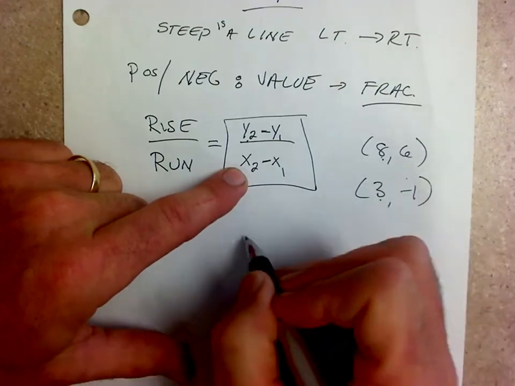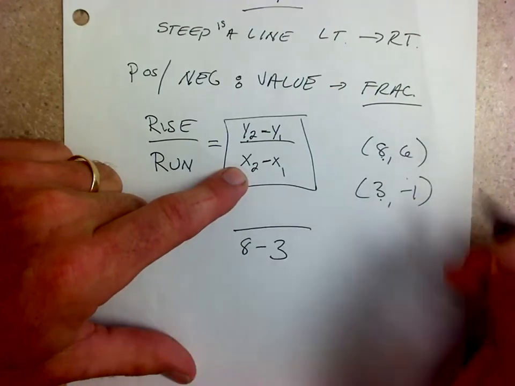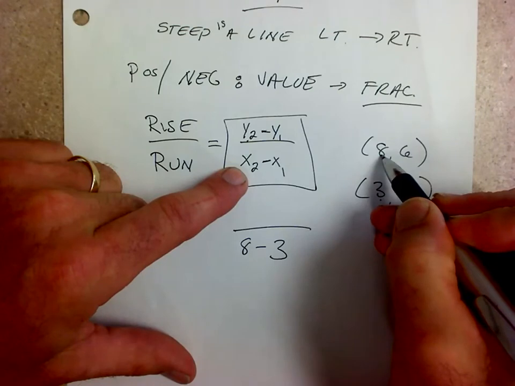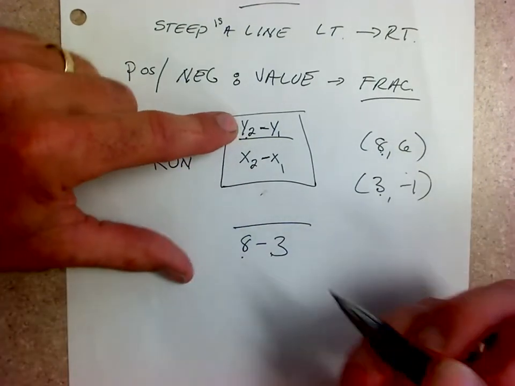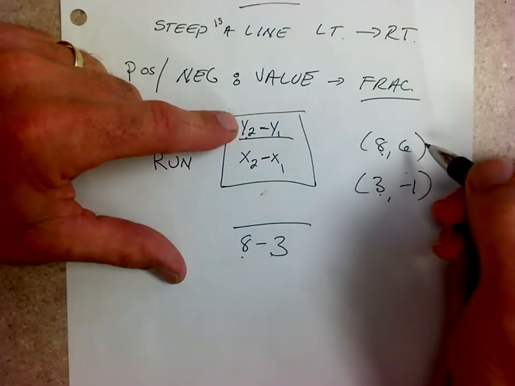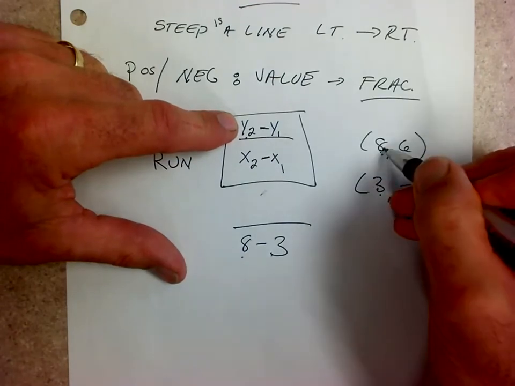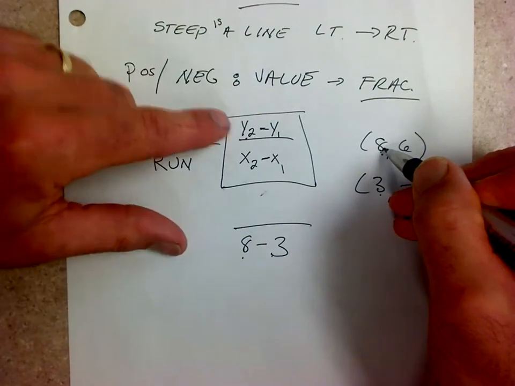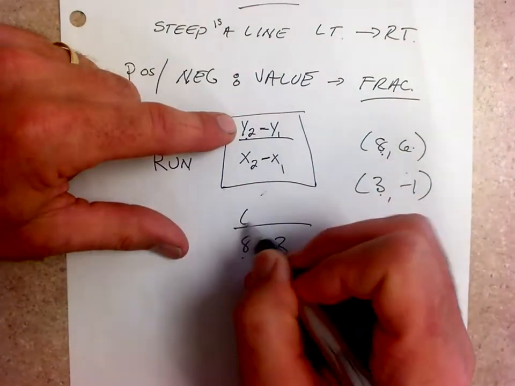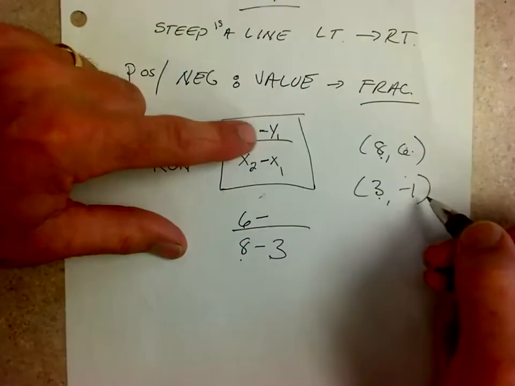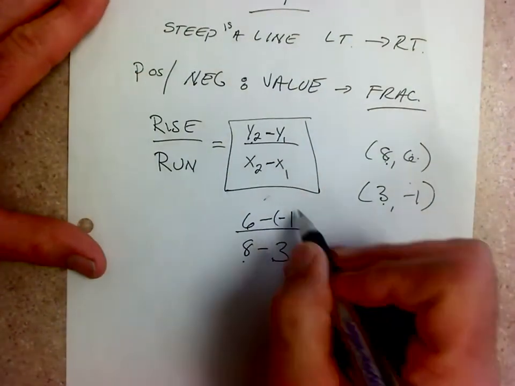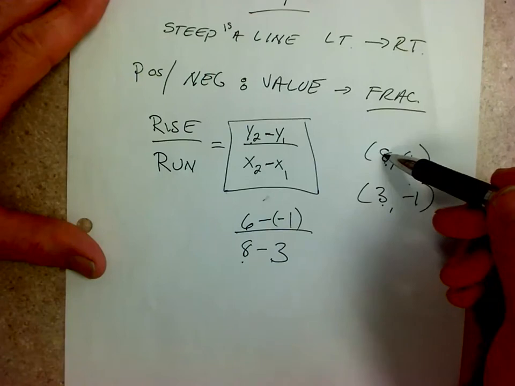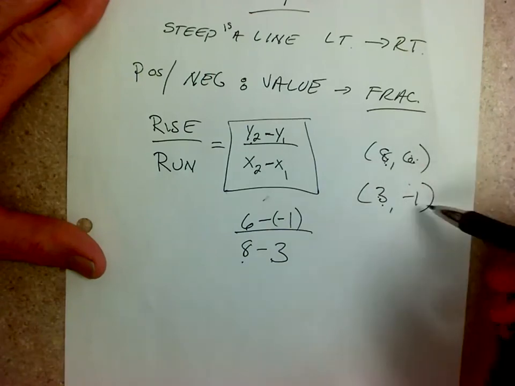We can make 8 our second one, so we plug those in: 8 minus 3. We just have to be consistent. If we make this our x2 because we put it in first, then we need to make sure that stays as y2 minus y1. So again, be consistent: x2, y2, x1, y1.